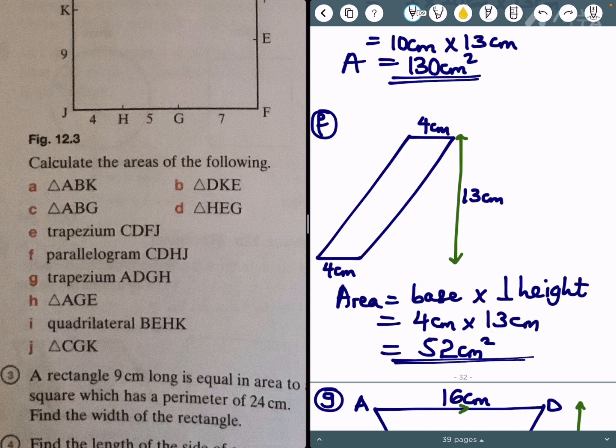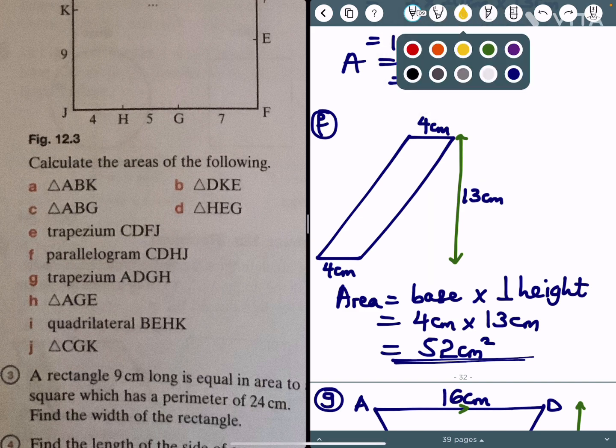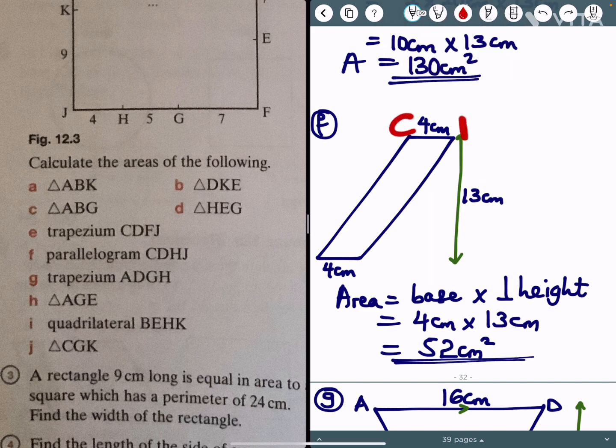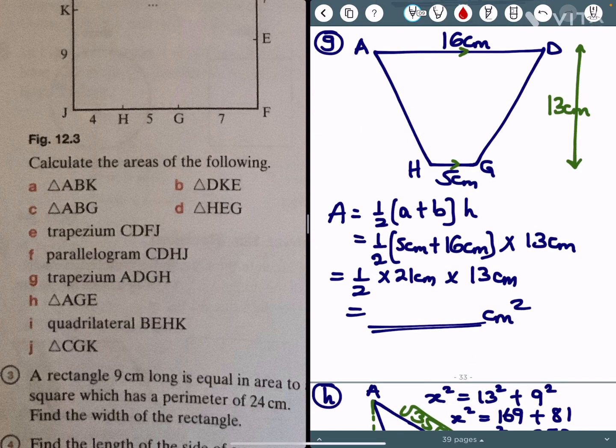So the area of parallelogram CDHJ is 52 centimeters squared.